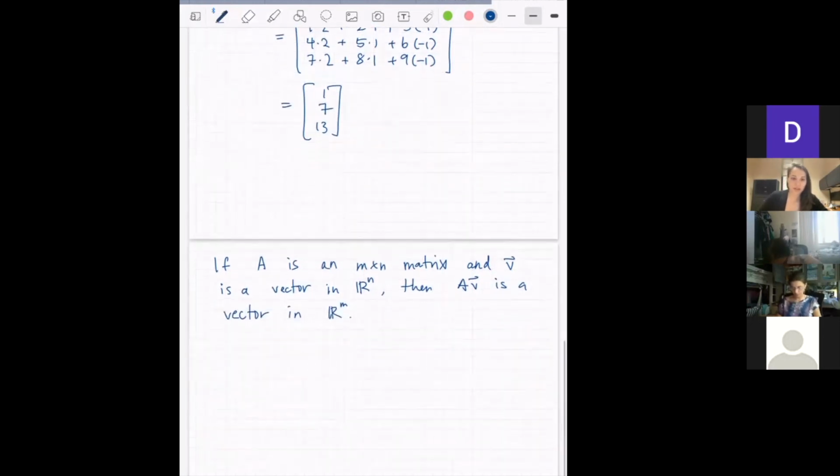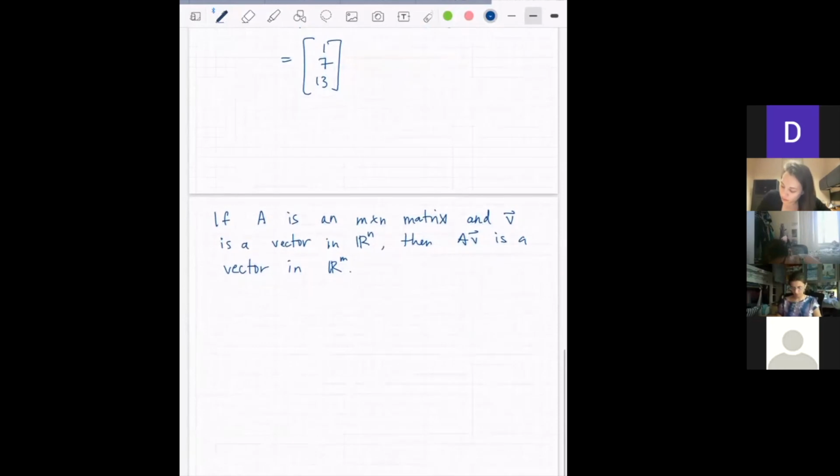right? So just to visualize this, if we have A times v, not actually writing down what the entries are, but we have some matrix that looks like this. It has some entries in it, and it will have m rows and n columns.